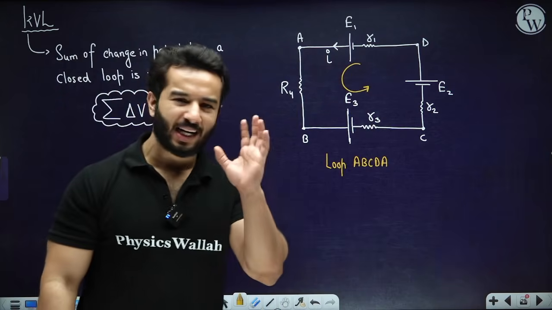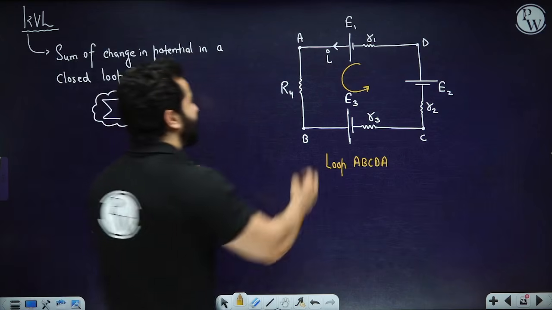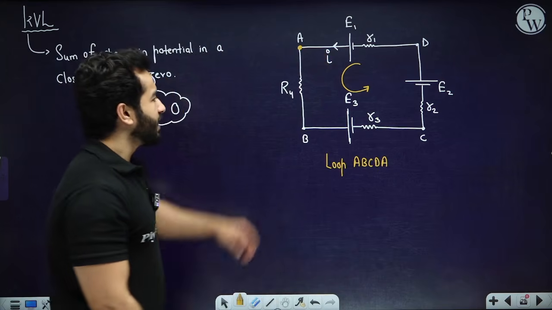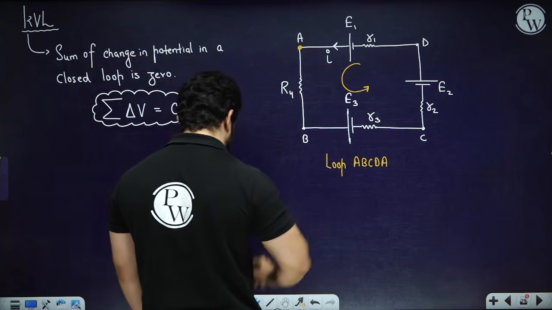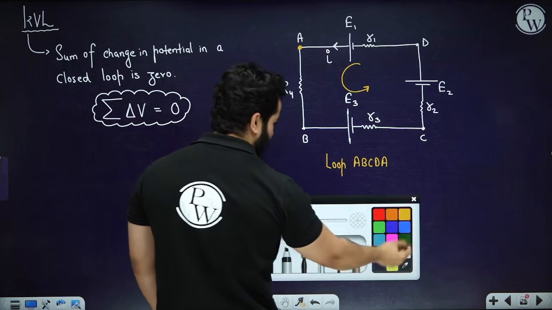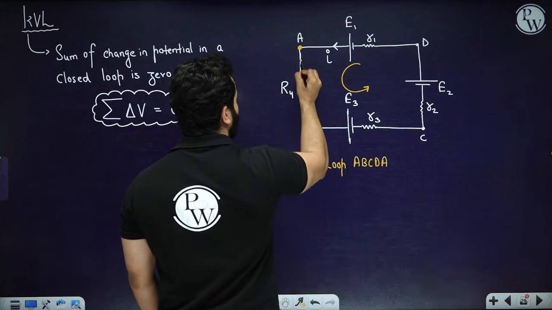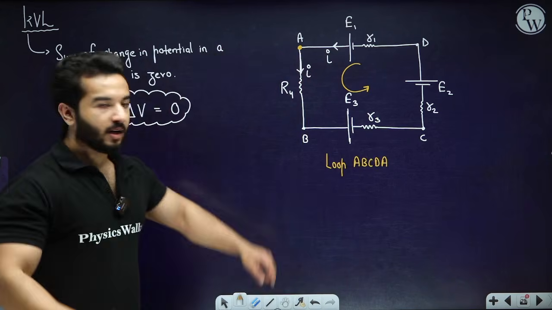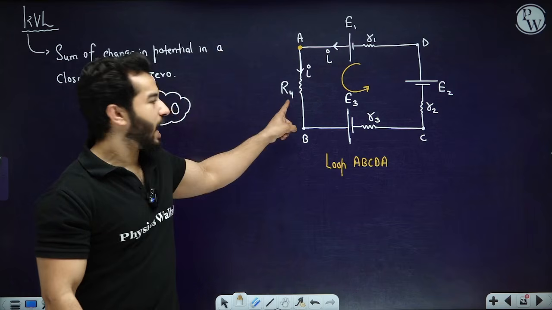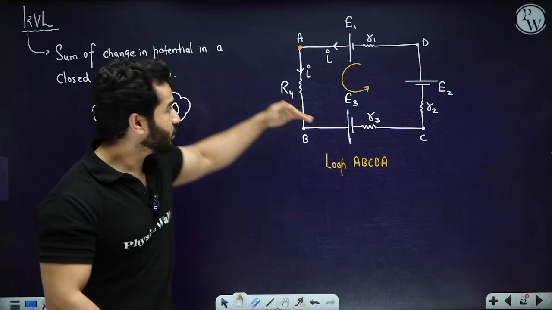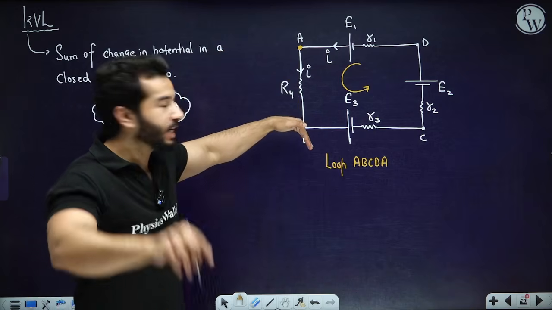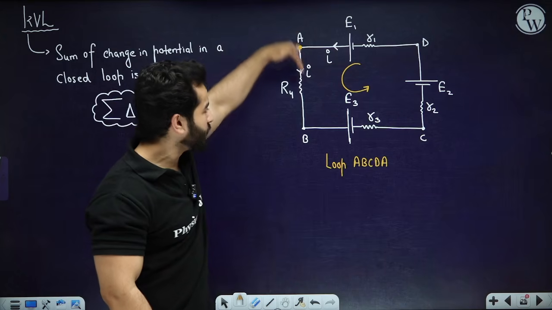You could do it in a different way also. And let's say we have started our journey from point A. Current is I, and current I passes through R4. Current is moving from A to B, and you are also reading the change in potential from A to B.